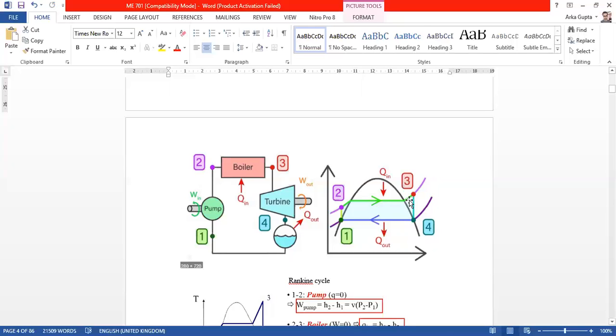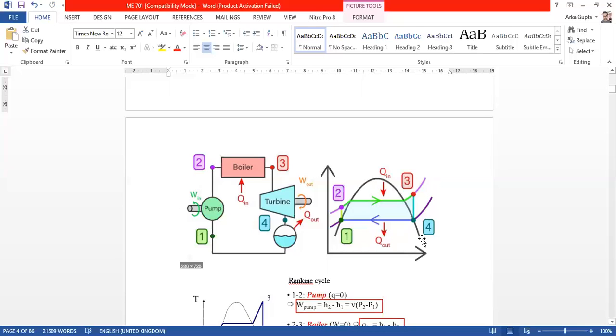And then again it is superheated. That portion after the saturated vapor line, between the saturated vapor line and 3, represents the process in which the steam is being superheated. Why is this superheating required?